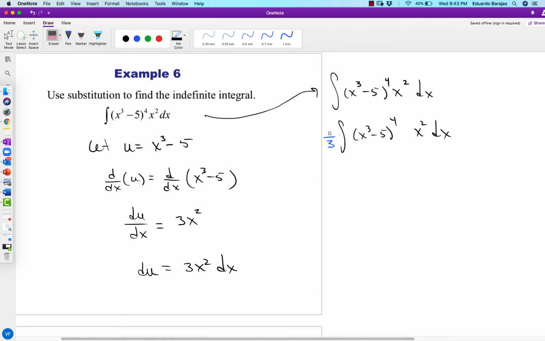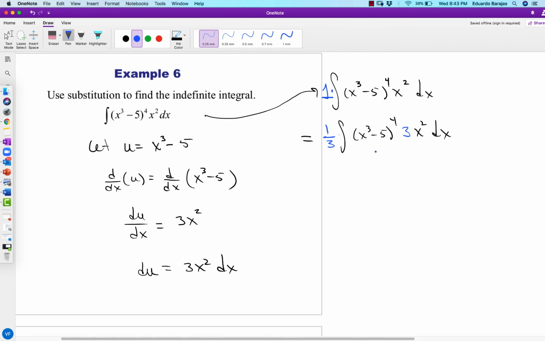I'm going to multiply by a new version of 1, which is 3 over 3, and then bring that in there. So any way you like to think about it, I haven't changed my original function. I've just multiplied it by a clever version of 1. And 1 times anything doesn't really change the value.